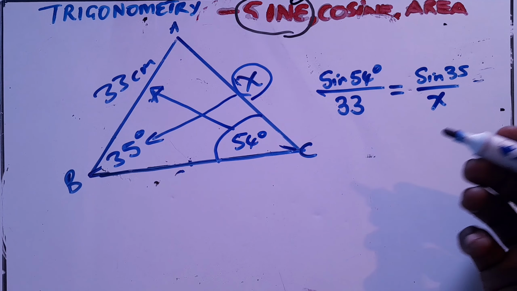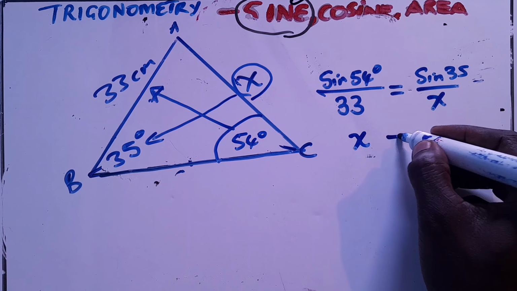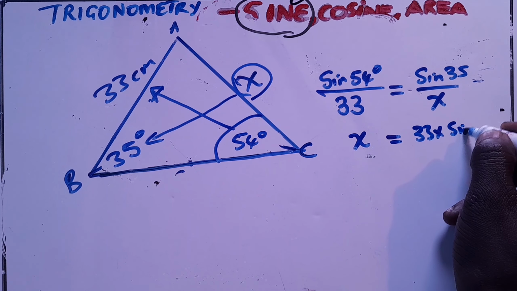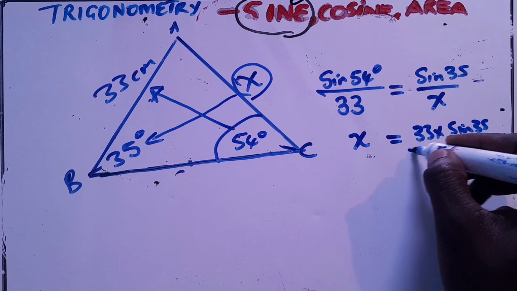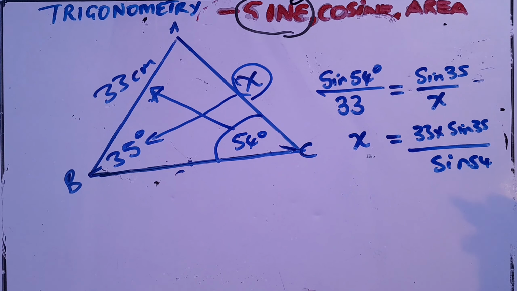So now we can manipulate this equation by doing this: 33 times sine of 35 over sine of 54. We cross multiplied to get rid of everything there, right? Can you see that? Yes.